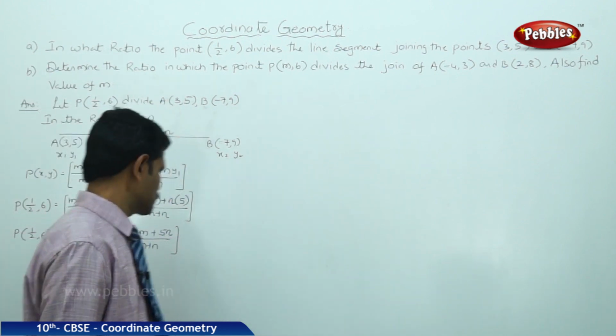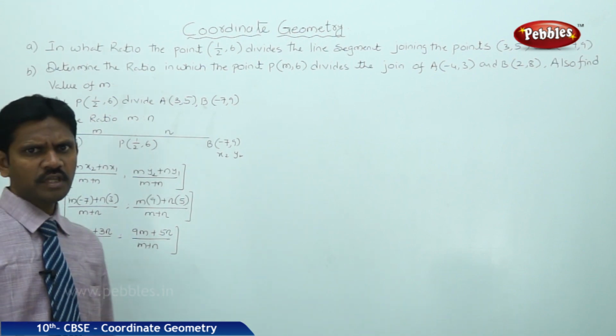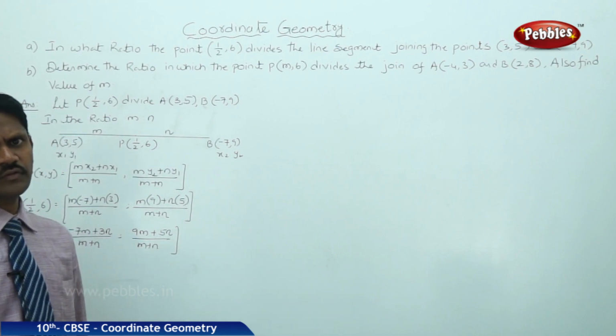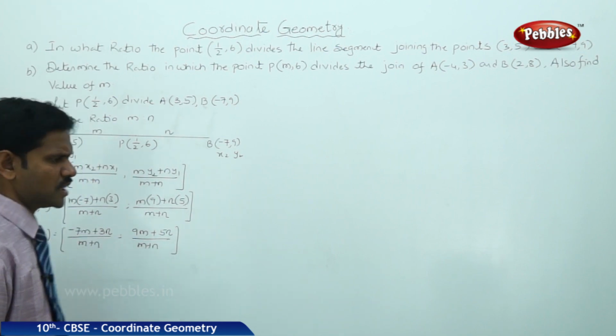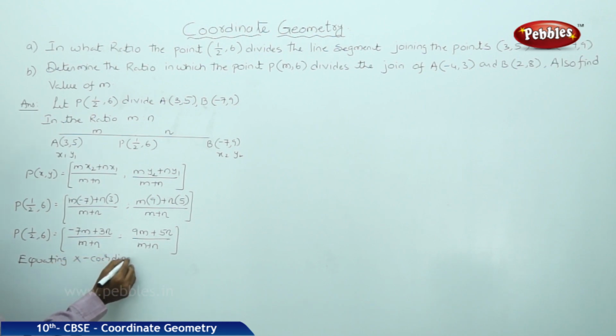Now after this you have to equate to any one of the coordinates, either x coordinates or y coordinates. If you equate x coordinates or if you equate y coordinates, the answer will be the same. Equating x coordinates, that is (-7m plus 3n) by (m plus n) is equal to 1 by 2.